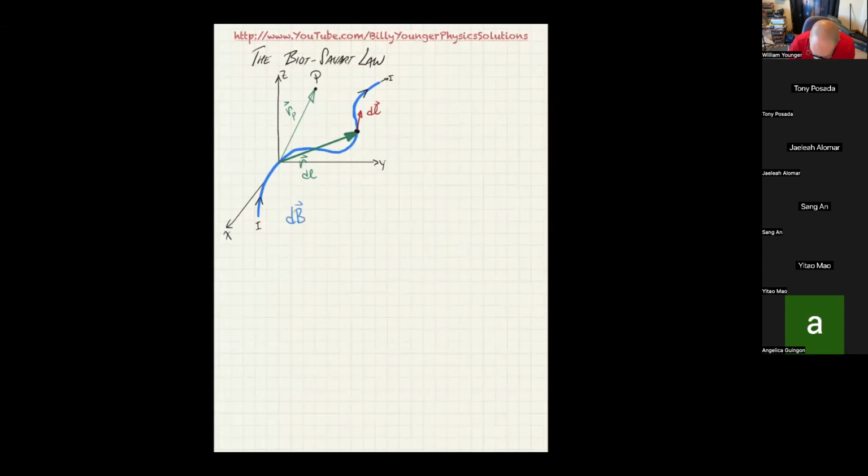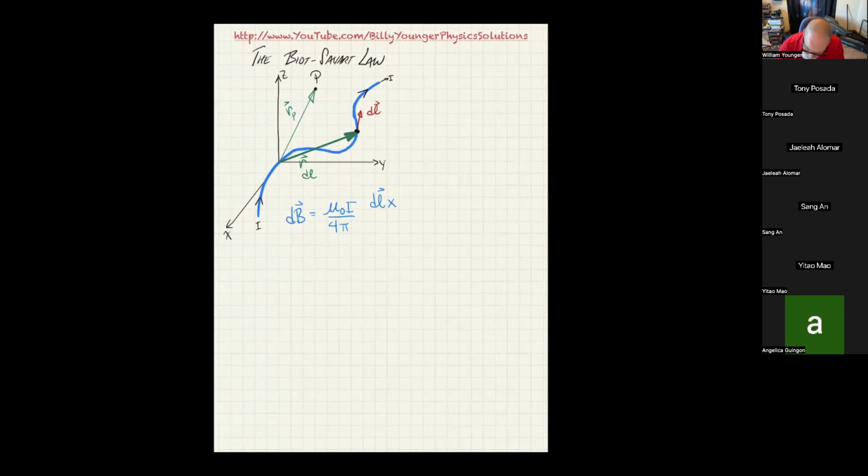dB is equal to mu 0 I over 4 pi. And then you have to take the vector dl and take a cross product of that with the vector. Now, what we're really doing here is attempting to find this vector. I'll just use a red vector.